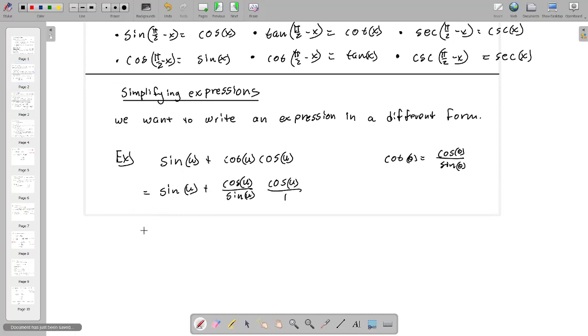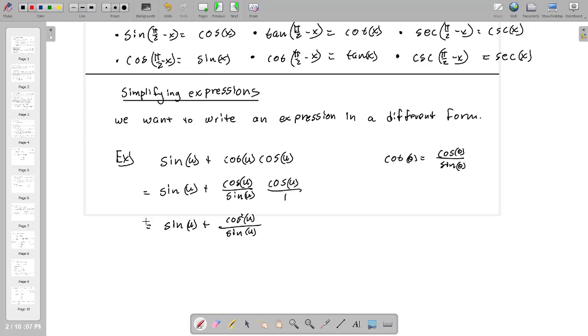Okay, so it doesn't look much simpler yet. So now we have sine of u plus cosine squared u divided by sine of u. Now the next thing that I want to do is combine these two fractions. In order to do that, I need a common denominator. Right now my denominator for my sine u is just 1, so I need to multiply top and bottom of this quote-unquote fraction by sine of u.